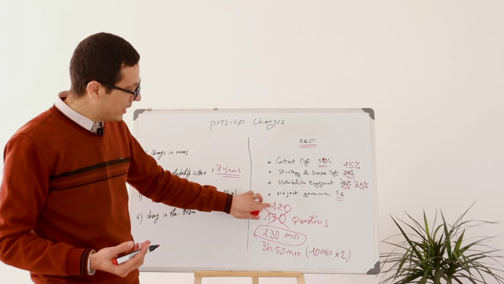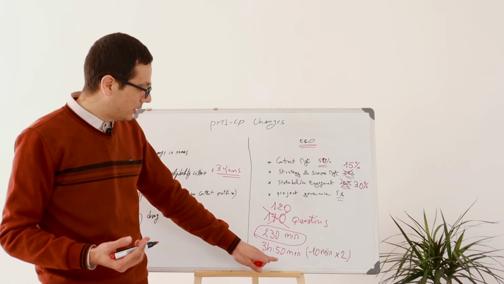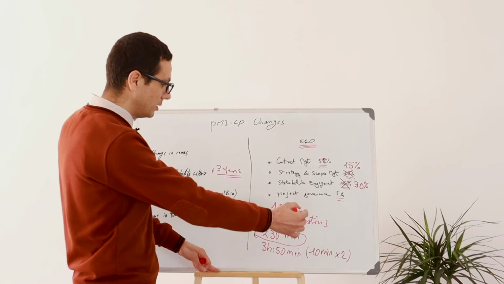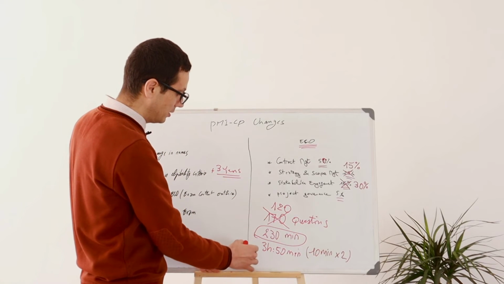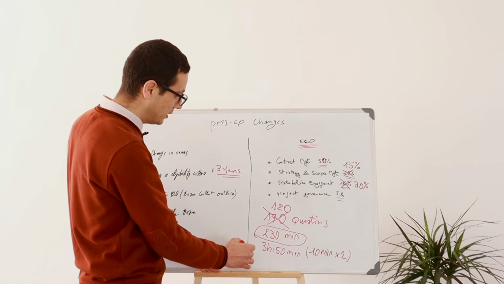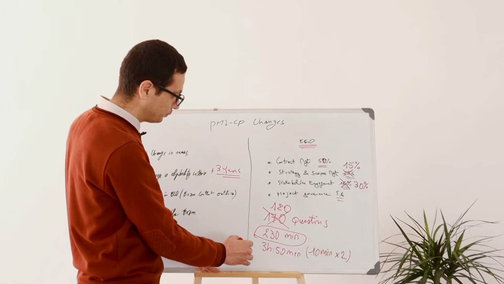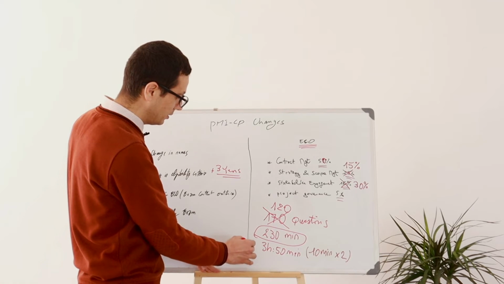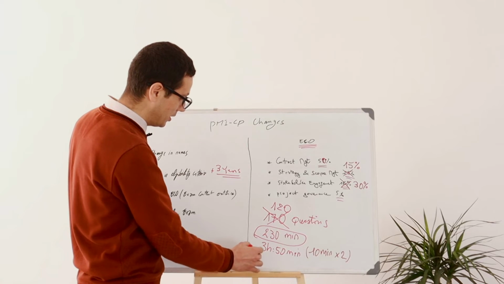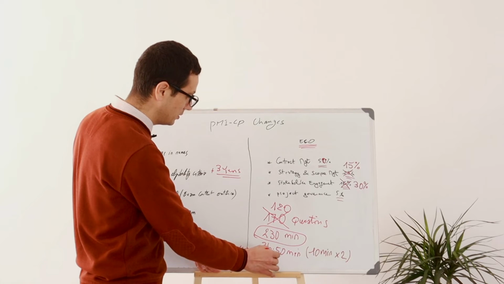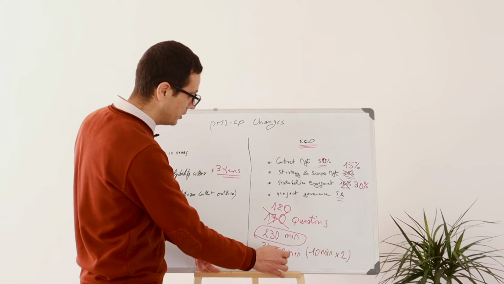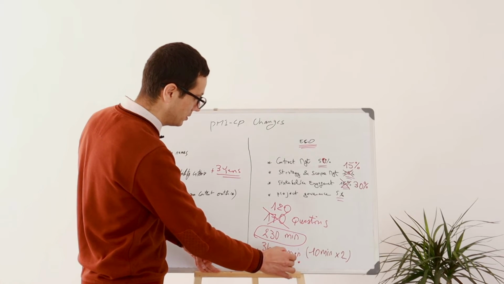So for the 120, I think that since we have 2 breaks, if we split this into 3 parts, you will take 40 questions, then there will be a break here, then 40 questions, then a break, then 40 questions.